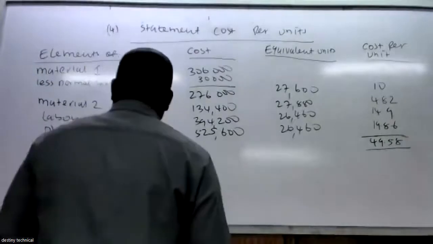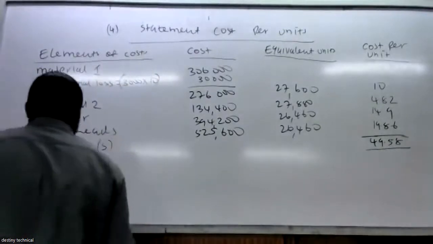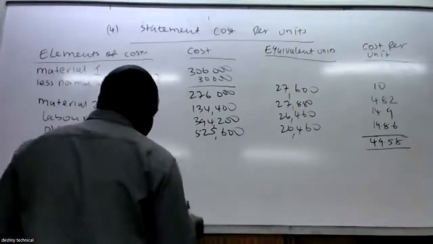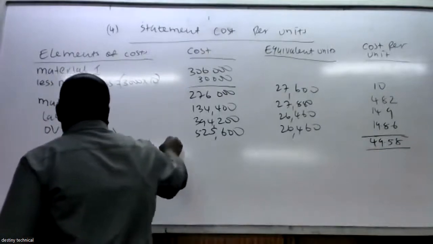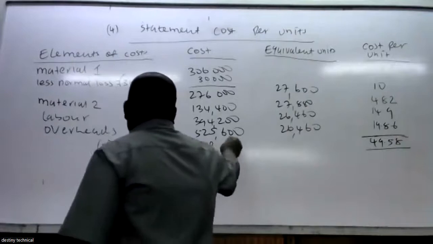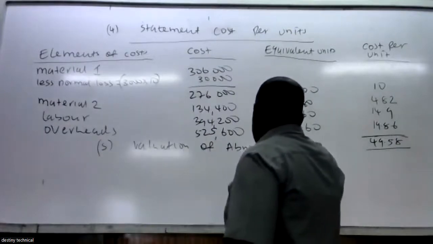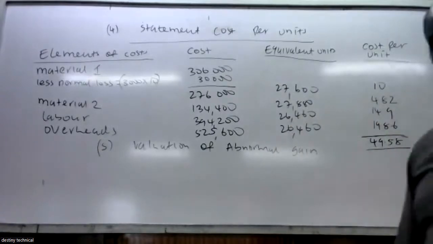So we got step number 5. Step 5 will be valuation of the abnormal gain.